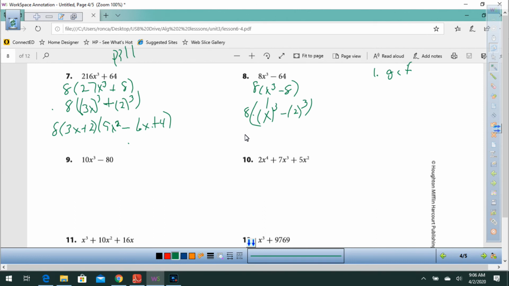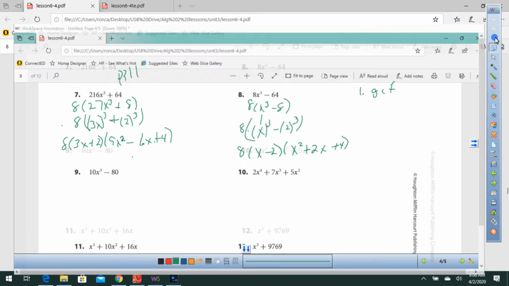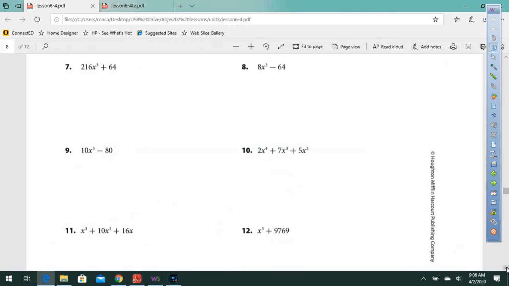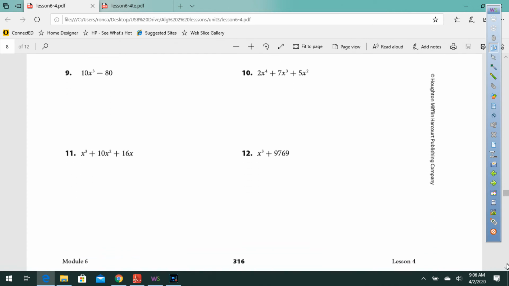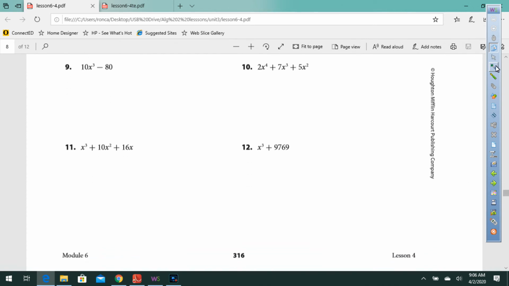Well, perfect cube actually, 8, and then we have x minus 2, and then x squared plus 2x plus 4. Okay, there we go. Now we're back on track.